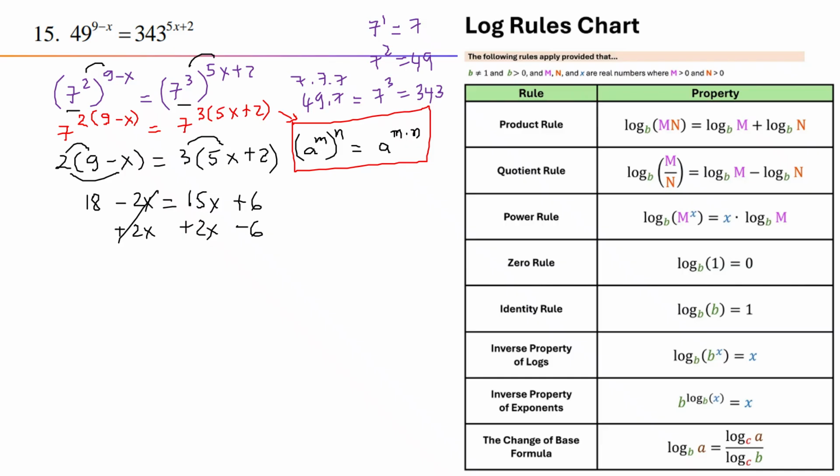So we minus 6 on both sides, and we cancel that. Then one side is 17x, 15x and 2x. On the other side you will have 18 minus 6, that is 12. Now we divide both sides by 17. Then we'll have x equals 12 over 17.